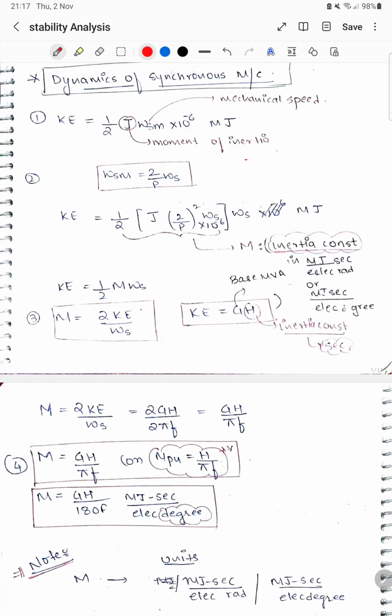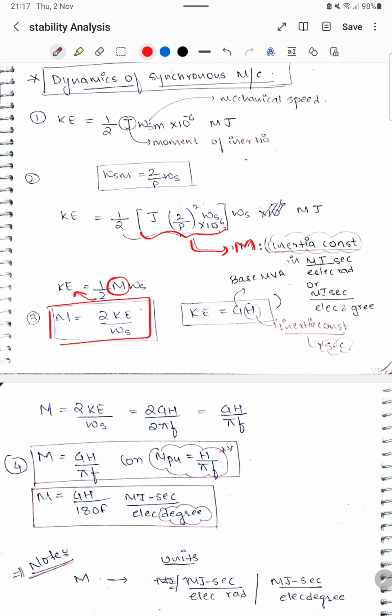So J (2 by P) whole squared omega_s into 10^-6 is called M, which is the inertia constant. Now this formula can be written as K equals half M omega_s, which means M is 2 KE upon omega_s.